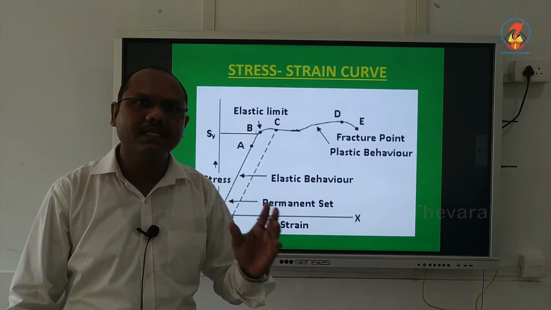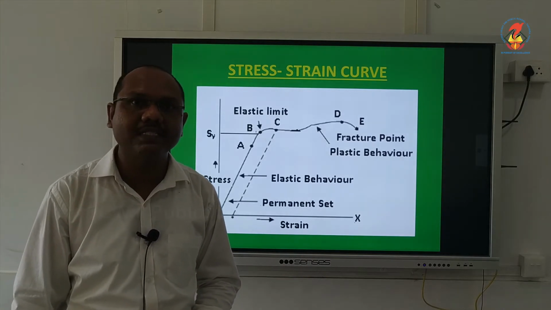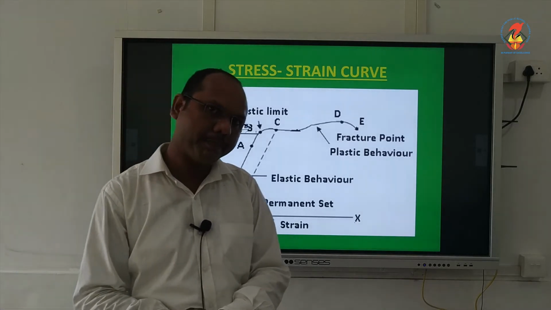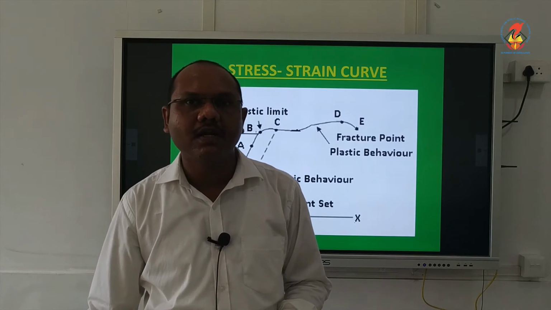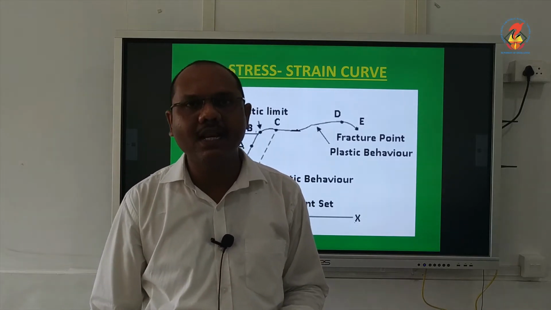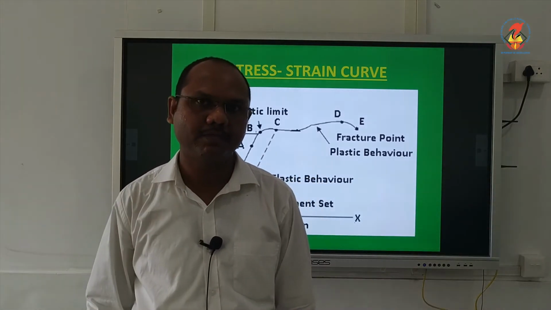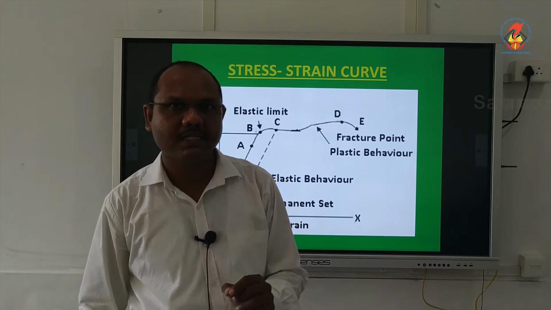By studying the stress strain curve, we can understand whether the body is ductile or brittle. What is meant by ductility? A material is ductile if we can draw it into thin wires.